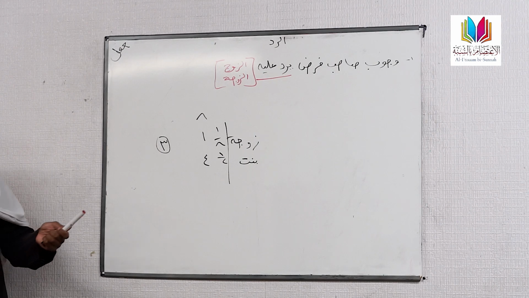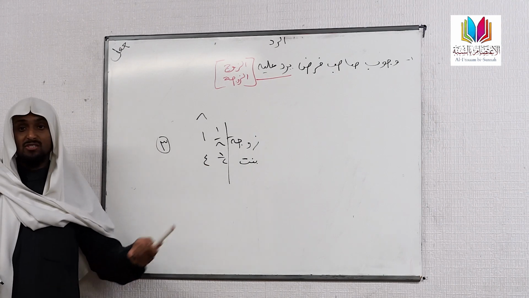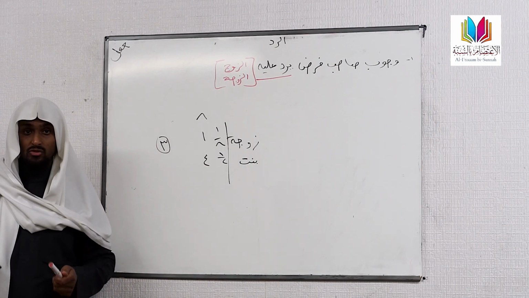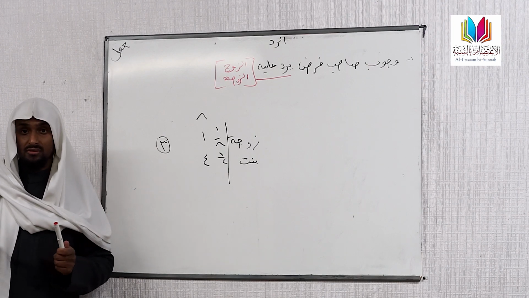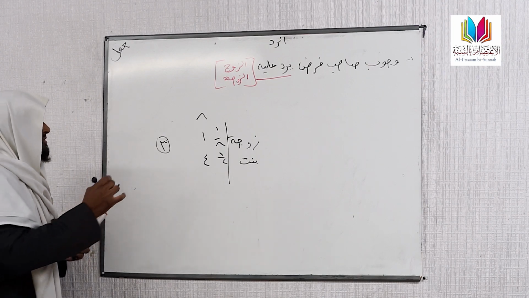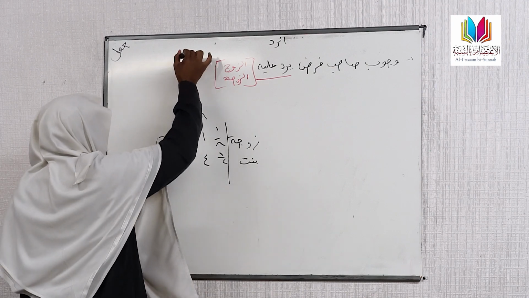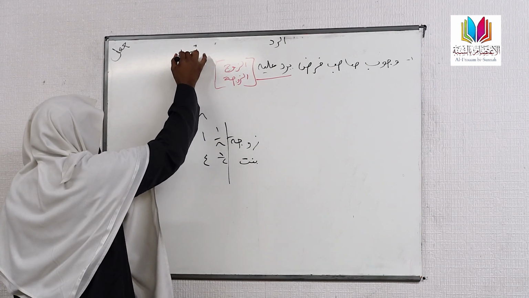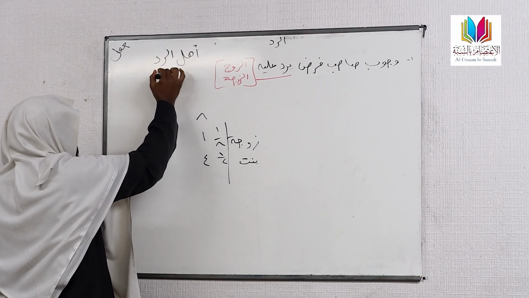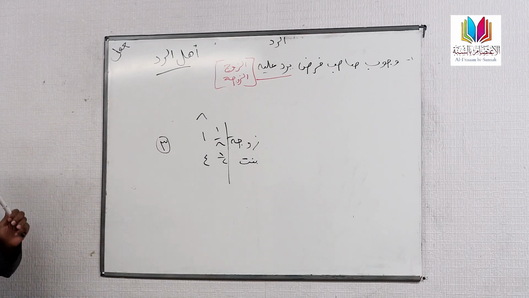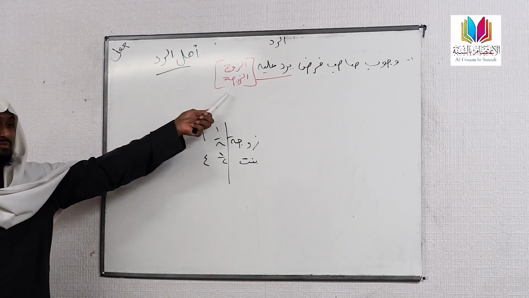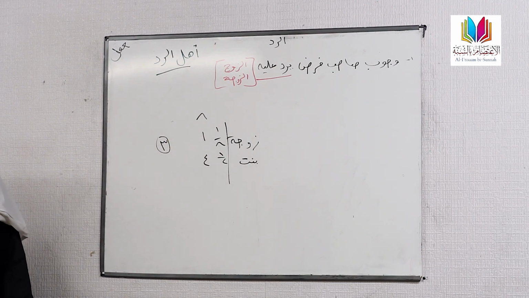Okay? And it can never be given back to the Zawj either. So the Zawj is not Ahlul Rad. Okay? So Ahlul Rad means those people who are entitled to the remaining amount of wealth. So who is not from Ahlul Rad? The Zawj and the Zawja.